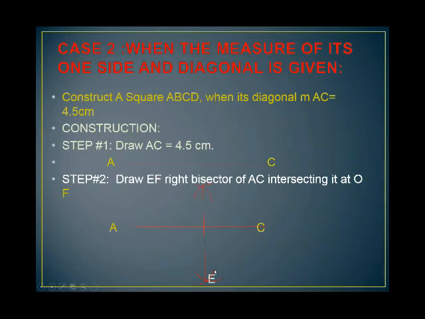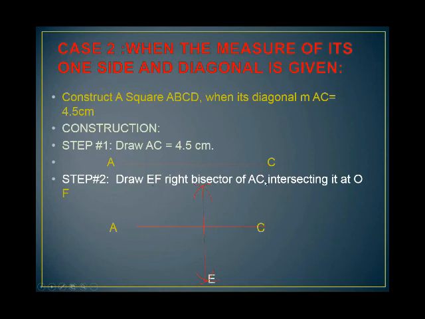This one and this one. And again, we take C as a center. With the same radius, we again draw 2 arcs which cut the first 2 arcs on either side of the baseline AC. So in this way, we will bisect the baseline.